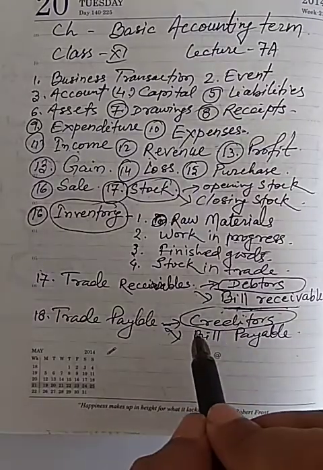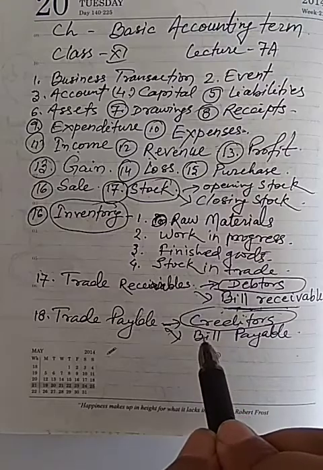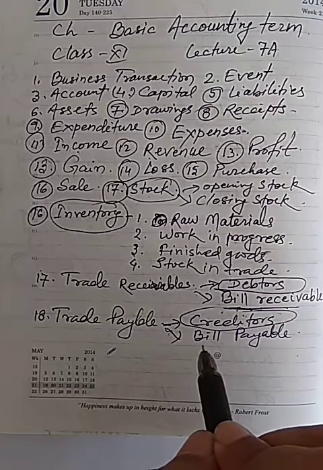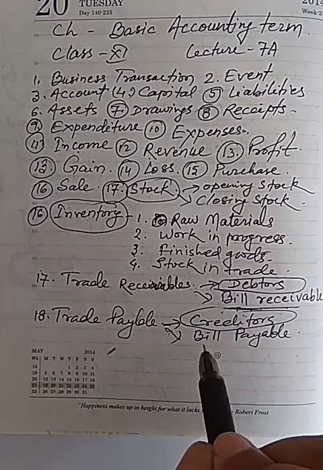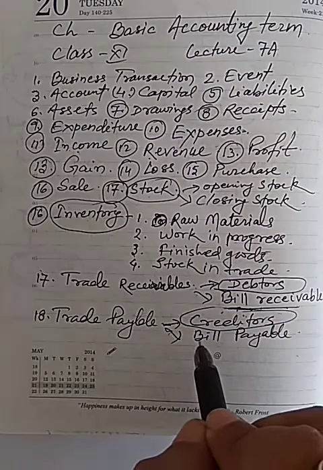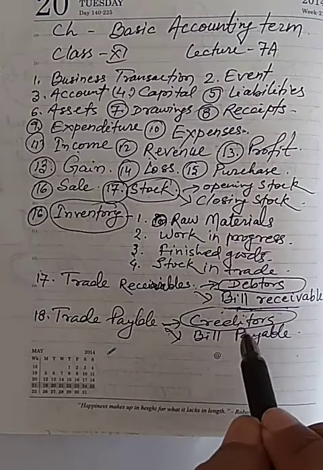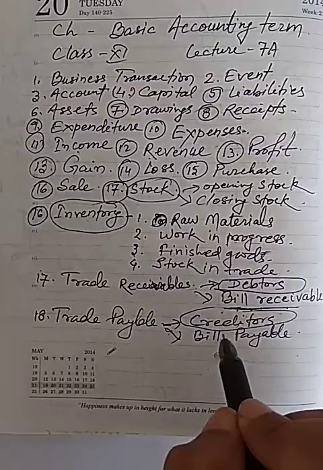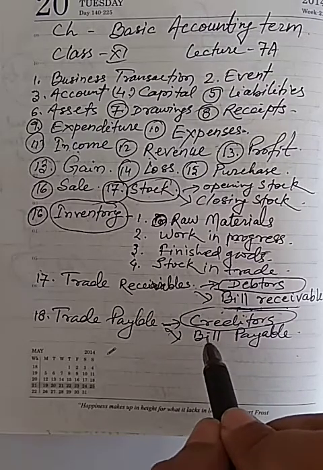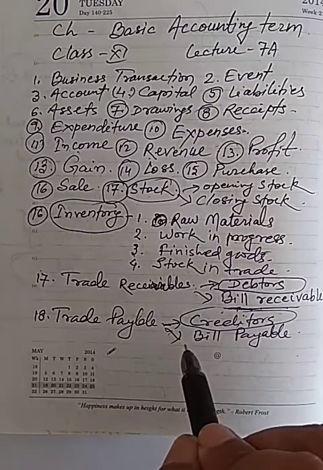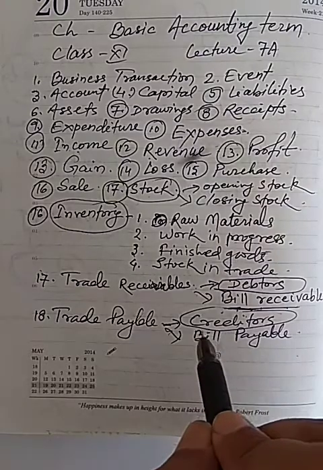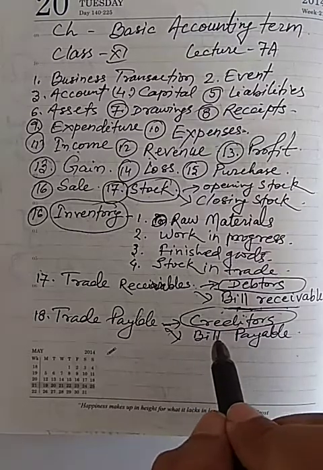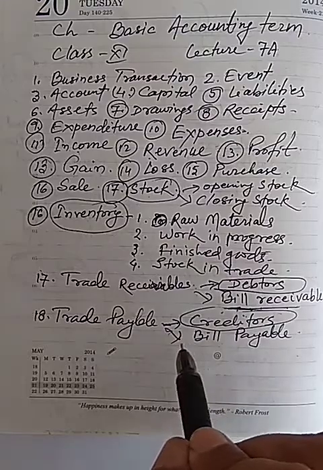Some money is still owing to them. For example, if goods worth 50,000 are purchased from Ram on credit, he will continue to remain the creditor of the firm so long as the full payment is not made to him.